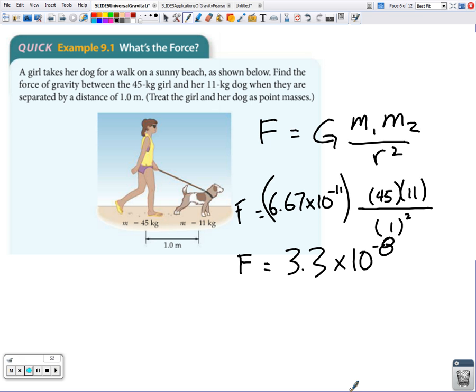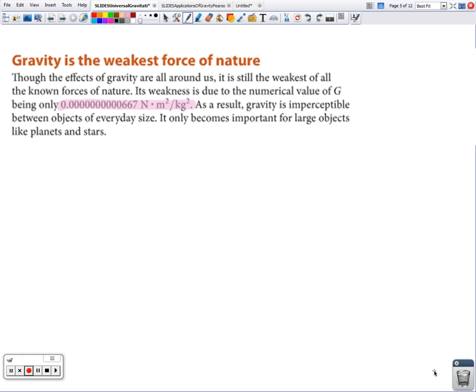And what's the value? Well, let's talk about that. So, 3.3 times 10 to the minus 8th. First, are we okay with that? Second, what are we calculating here? The force of gravity. So what unit should it have? It's still a force, so it should have newtons. If we look at the value for the universal gravitation constant, this is the unit that goes along with it.